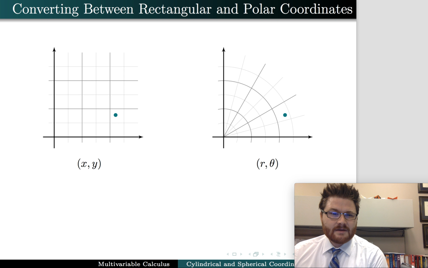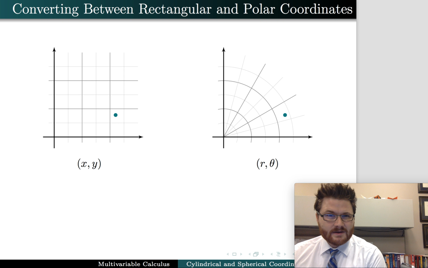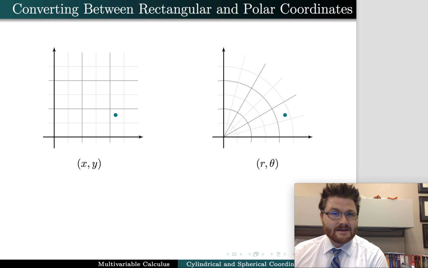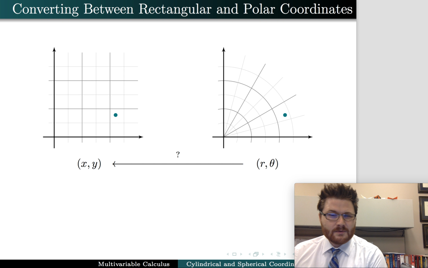Well, what about having the coordinates of a point in one coordinate system and transforming that to figure out what the coordinates would be in a different system? So what if we knew the polar coordinates for a point and wanted to know what the rectangular coordinates would be for the same point? Can we figure out what those coordinates are? We certainly can.